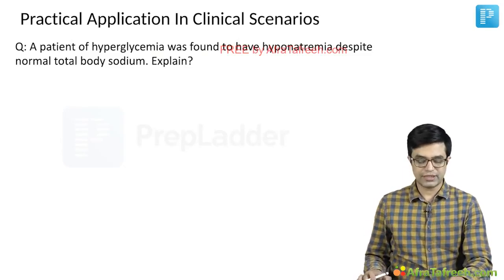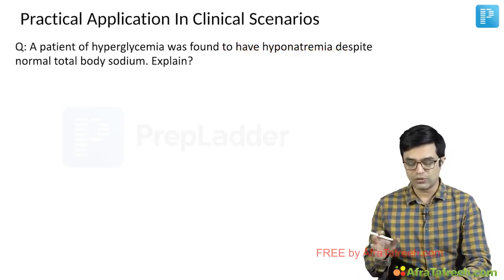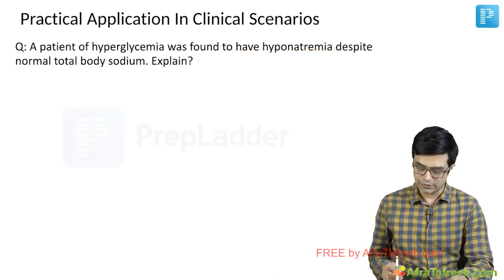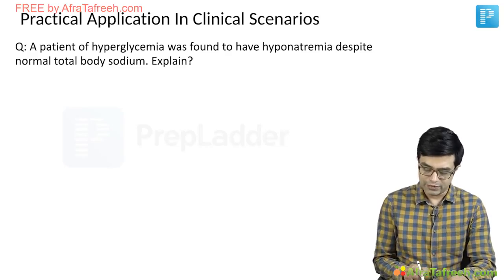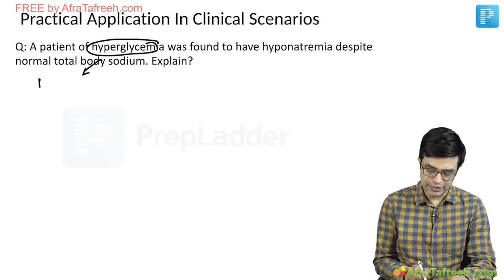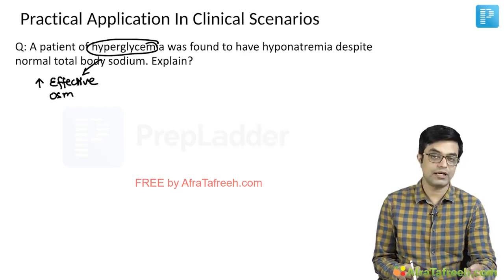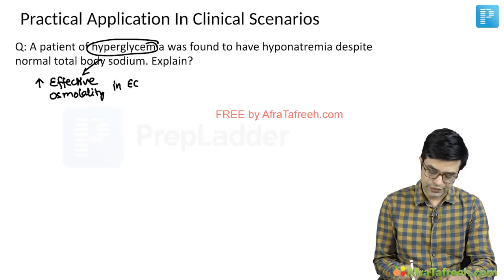There was a patient of hyperglycemia who was found to have hyponatremia despite normal total body sodium. Explain how it can happen. It can easily be explained based upon the concept of effective osmolality. Now you know that because of hyperglycemia, there will be an increase in the effective osmolality. Where is the hyperglycemia? In the blood. So there will be increased effective osmolality in the ECF, right?